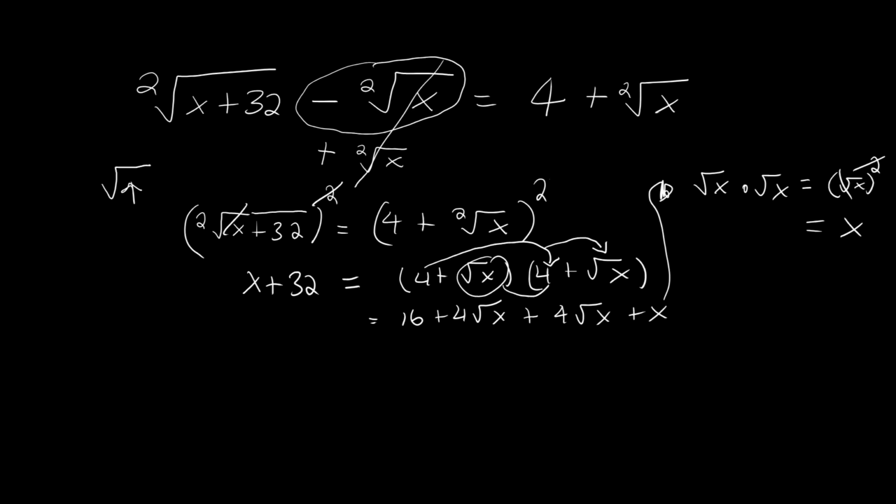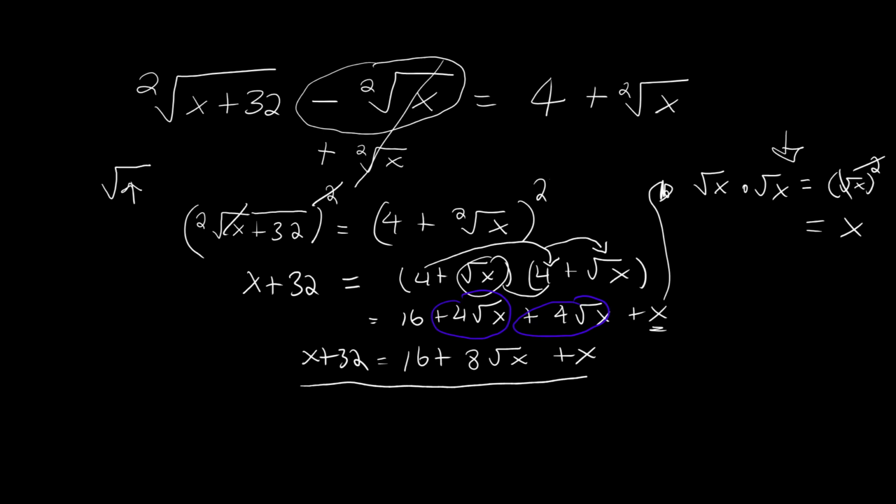I hope you understand what happened here just now. That's the reason we have x here. Next, we look for like terms. These two here are like terms, so I can rewrite it: 16 plus 8 square root x plus x, and then let's write x plus 32.